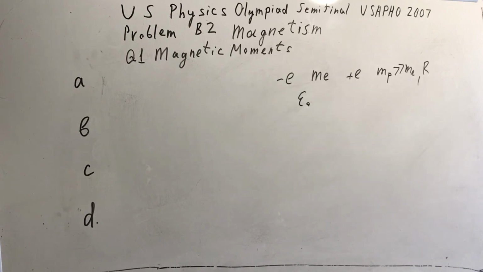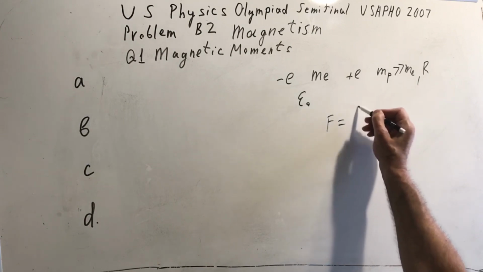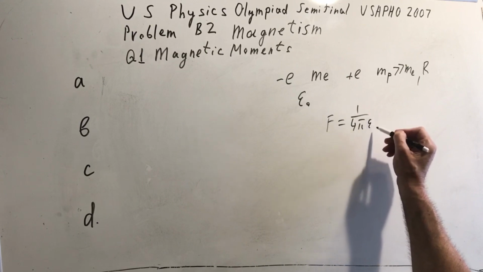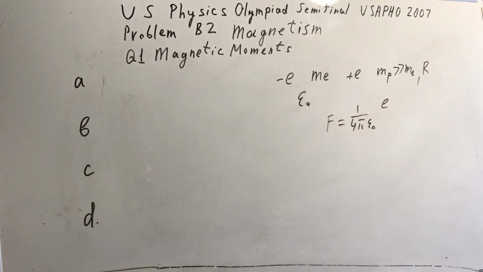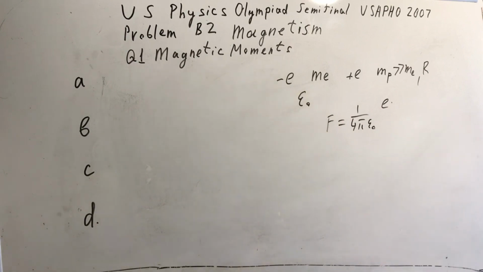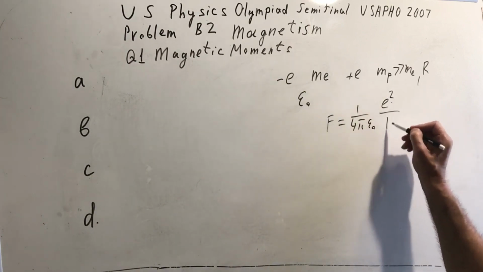So this problem is very simple. It's just about electrostatic interaction between two charges, and we know that this force is equal to 1 over 4 pi epsilon 0, charge of one and the other, which is e square over r square.